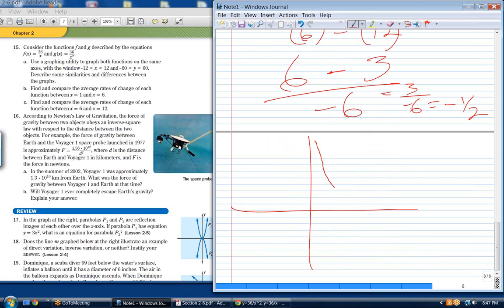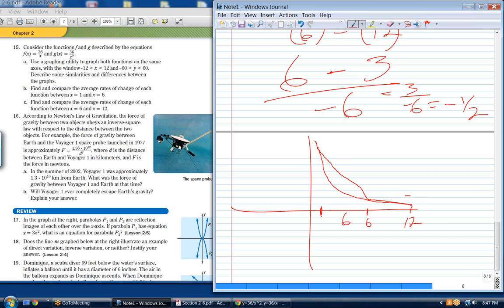Notice they're saying the rate of change from 1 to 6 was -7, and the rate of change from 6 to 12 is -1/2. Well, the first one is the slope of that line. The second one is the slope of that line.